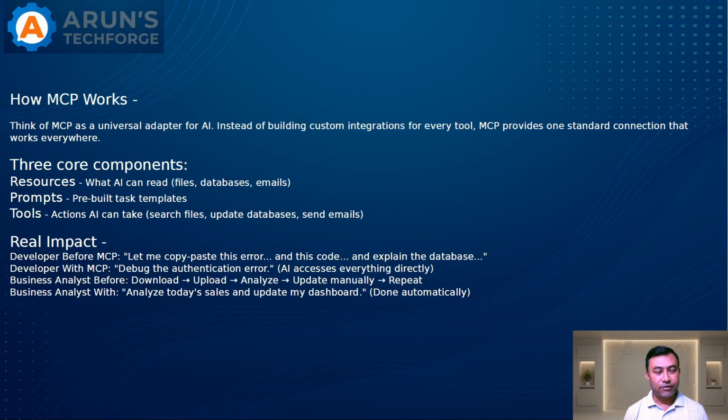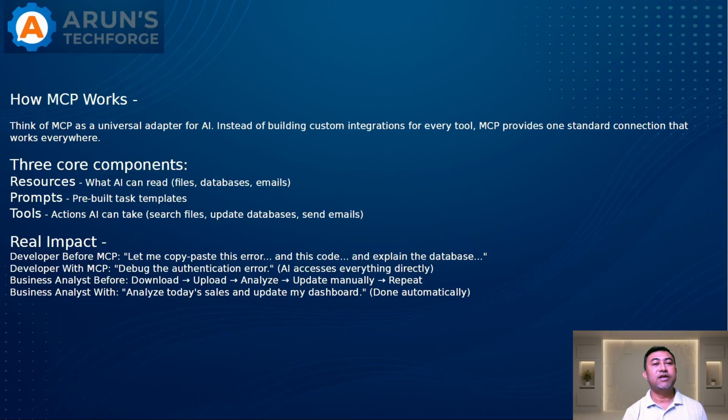Okay guys? So there are mainly three components: resources, prompts and tools. Resources are where your AI can read files, databases or emails, for example. Prompts are the pre-built task templates.